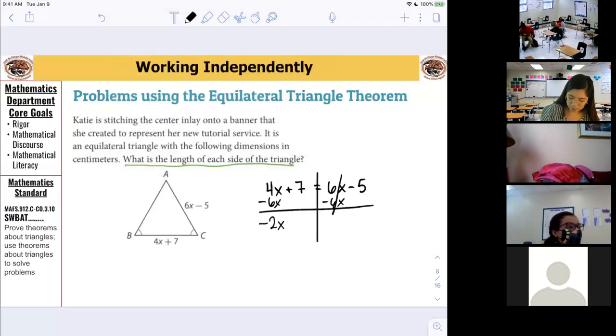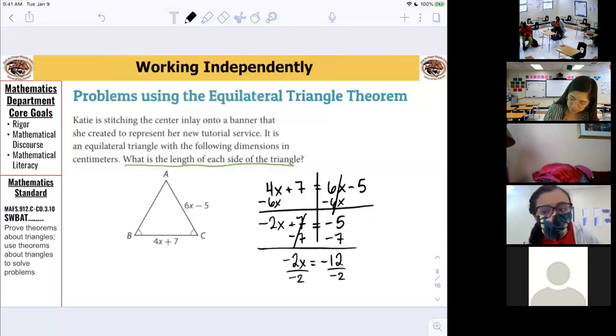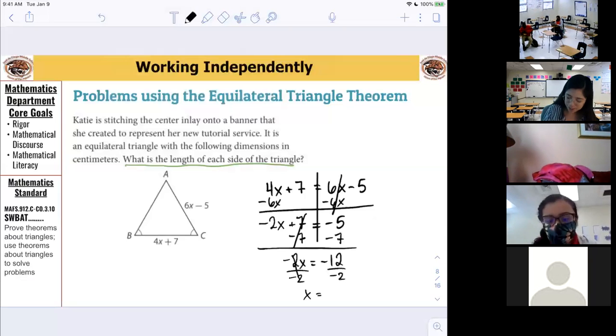Then you subtract 7, because it's already a plus. What do I get there? Negative 12. Good, Jalen. And now divide. Negative 12 divided by negative 2 is 6, because it's already negative.